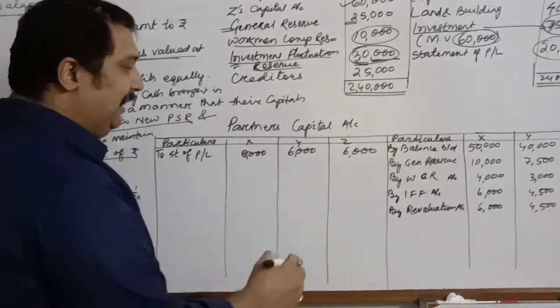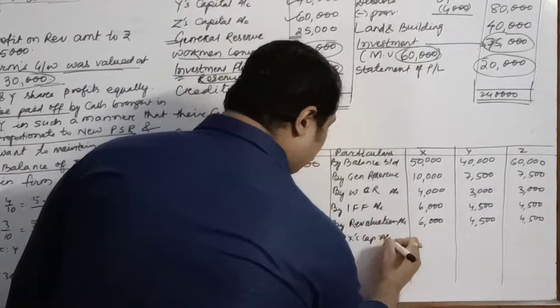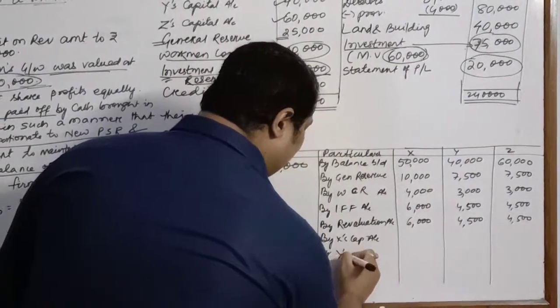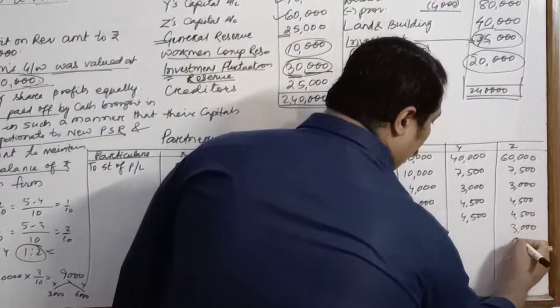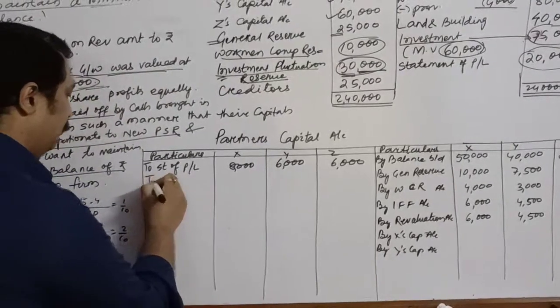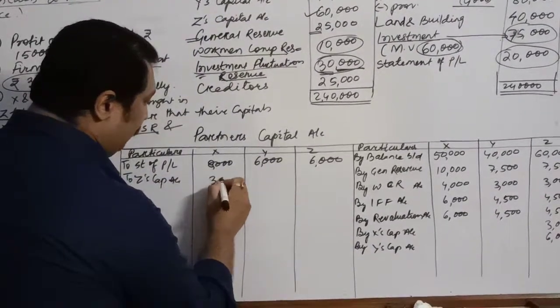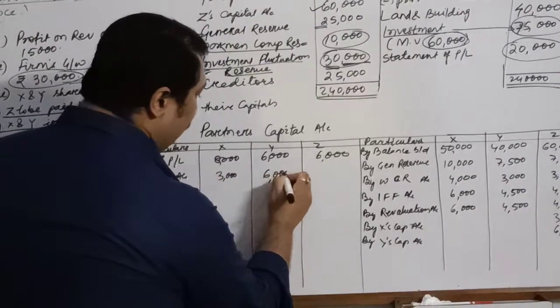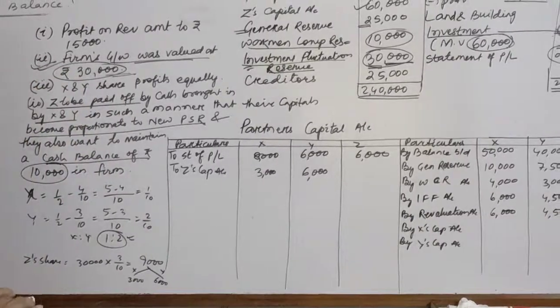So X will be paying, here I will write by X's capital account, by Y's capital account. X is giving 3,000, Y is giving 6,000. Because of that, their capitals will reduce since they have given it to Z. So X has given 3,000, Y has given 6,000. So that was all with your goodwill of the firm.